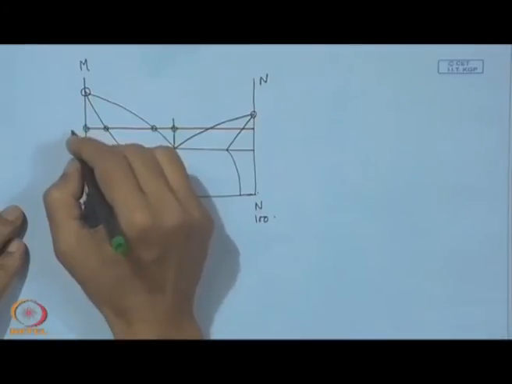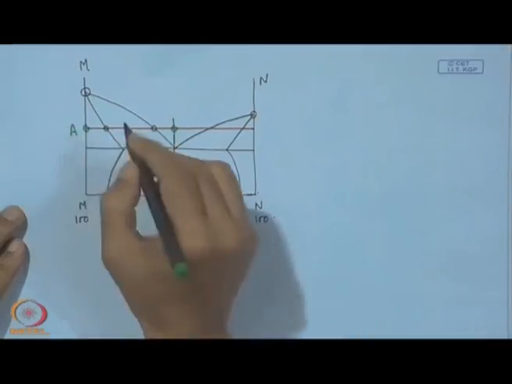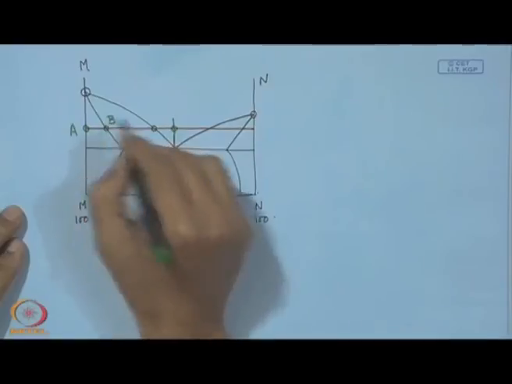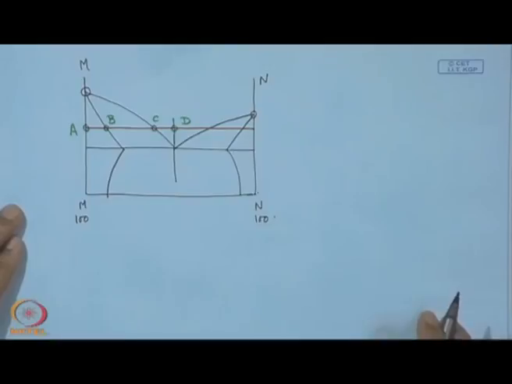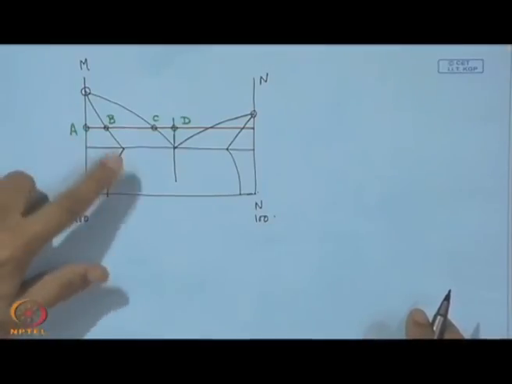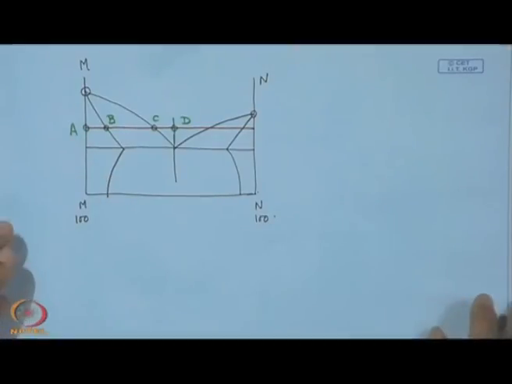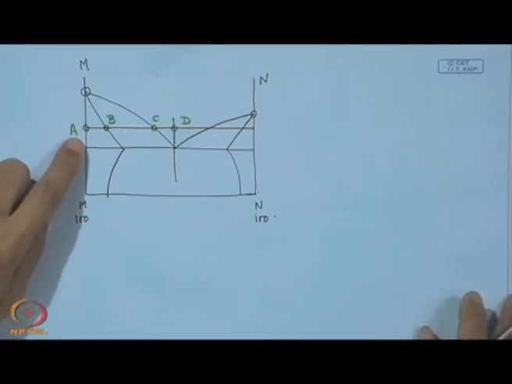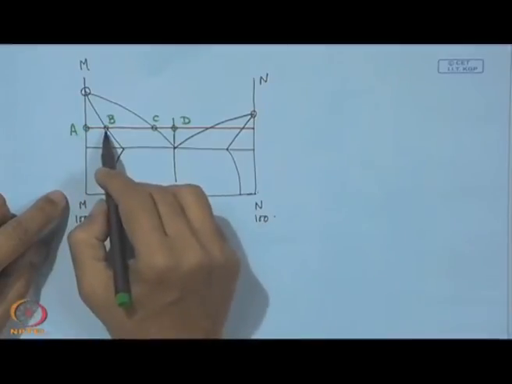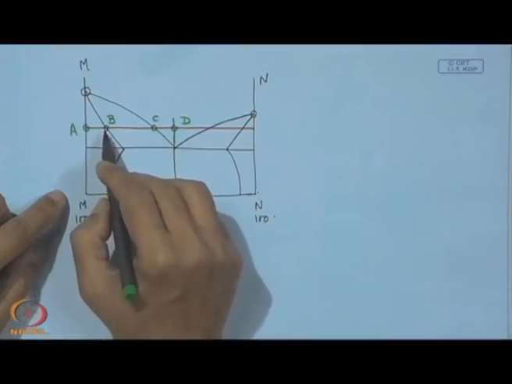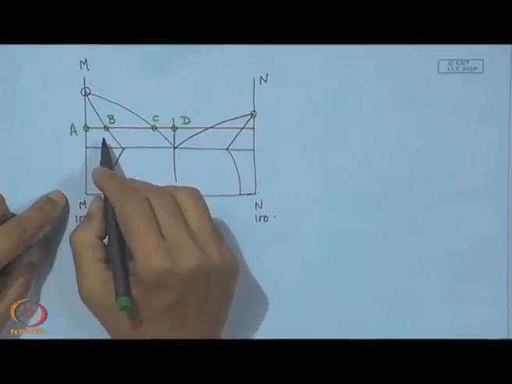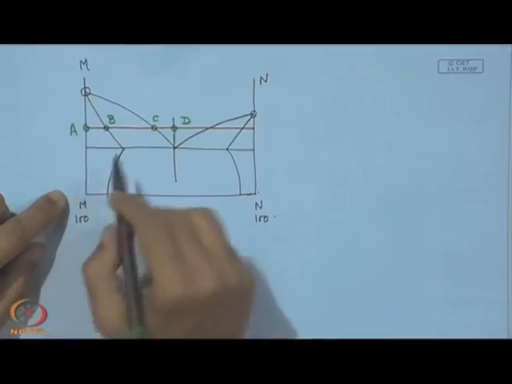This is A, this is B, this is C, and this is D. That means, following this diagram, we come to the conclusion that A means 100% M, and B is the limiting temperature up to which B can hold itself in the solid form.